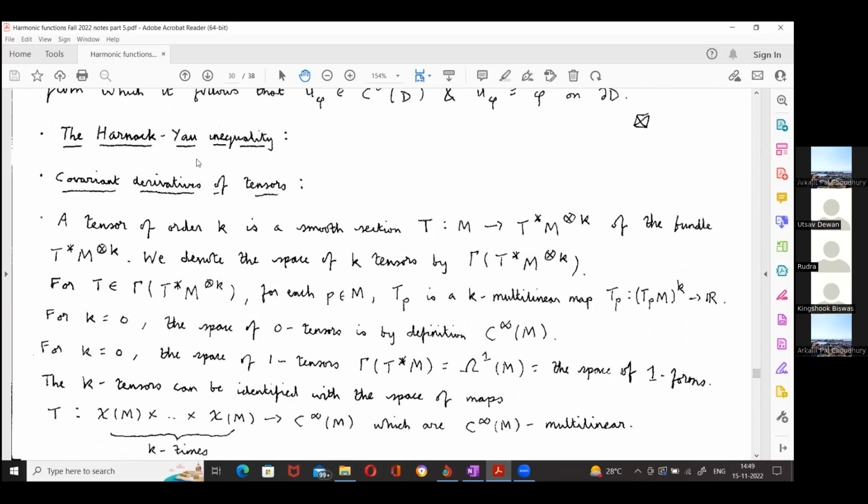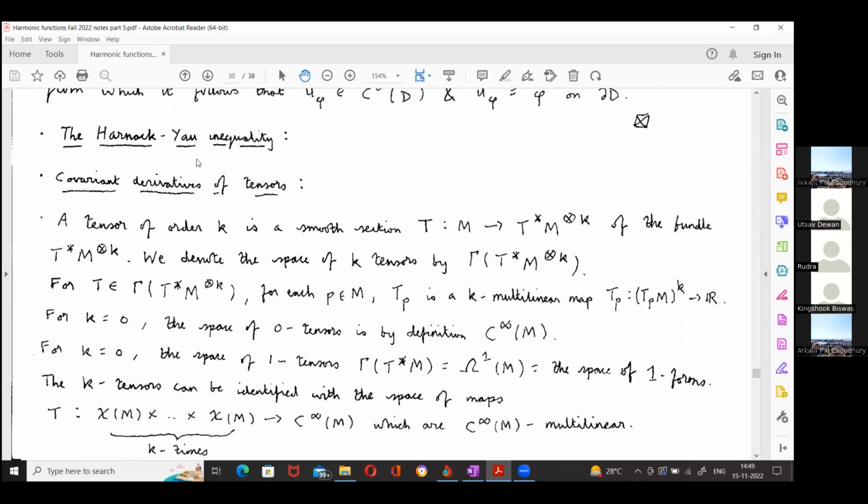We used the Harnack-Yau inequality to show that the harmonic measures with respect to different base points were absolutely continuous with respect to each other, right? So we use the Harnack-Yau inequality there.